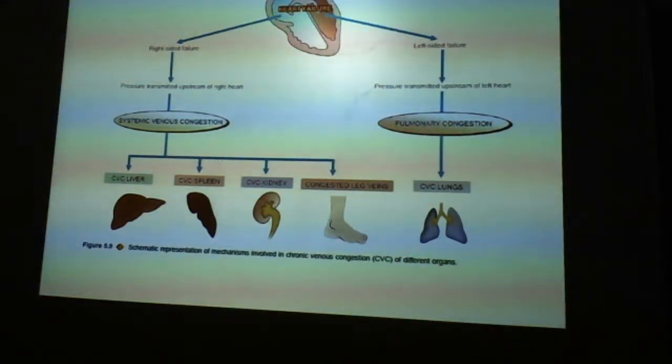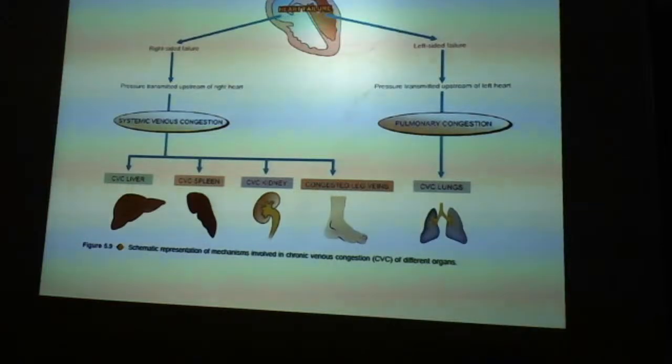The causes can be many: myocardial infarctions, anginas, and whenever there is obstruction, such as mitral stenosis and aortic stenosis. In all these cases, the venous outflow to the left side of the heart is deranged. The pressure is transmitted upstream of the left heart, and in turn there will be pulmonary congestion. The pulmonary veins will be congested, and in turn the patient develops chronic venous congestion of the lungs. So this is for chronic venous congestion of the lung.